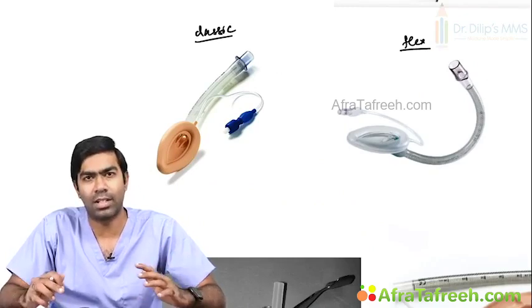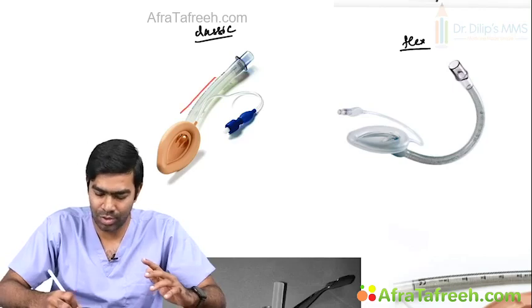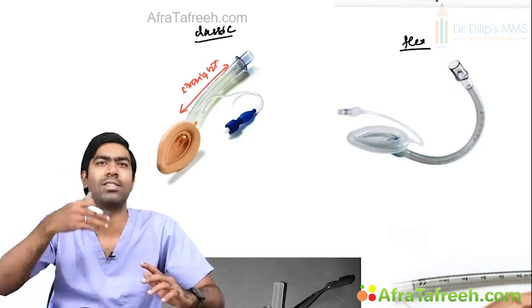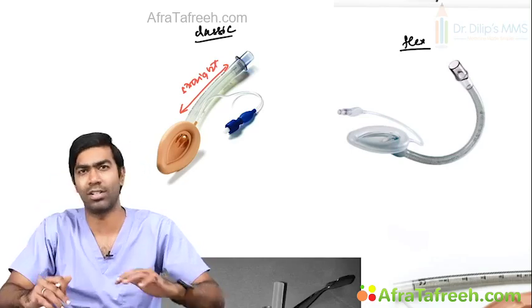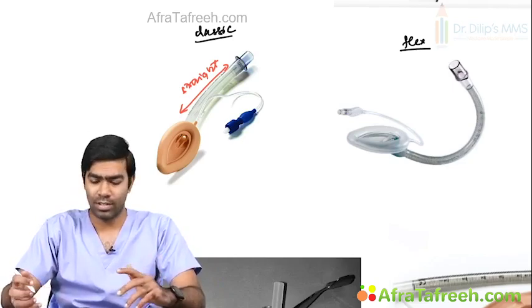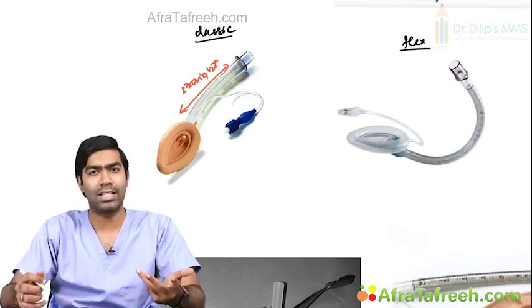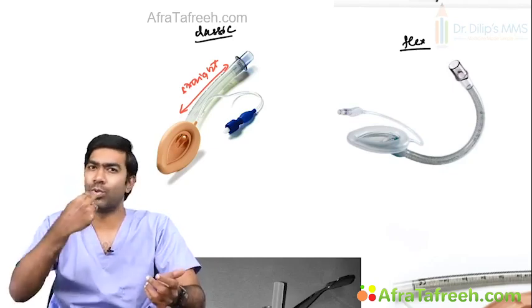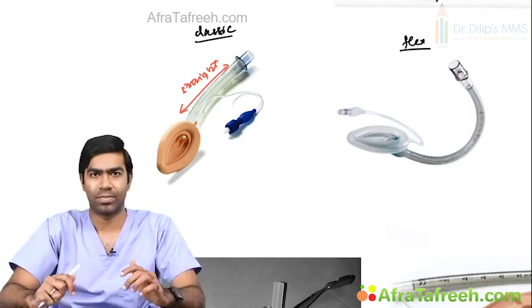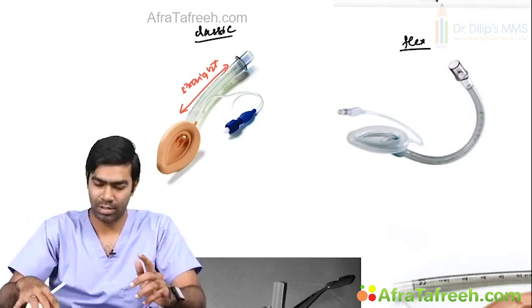One problem with the classic LMA is that it is straight. It is not fitting the curvature of the oropharynx. The oropharynx has a curvature, it is not straight. So to fit the curvature of the oropharynx, you need to manipulate the classic LMA heavily, which means you insert the finger and push the classic LMA inside. Clear? That's one problem they have been facing.